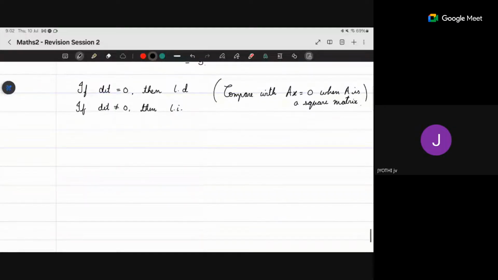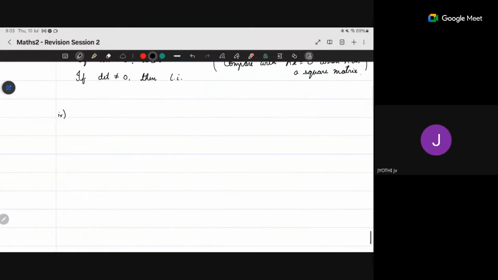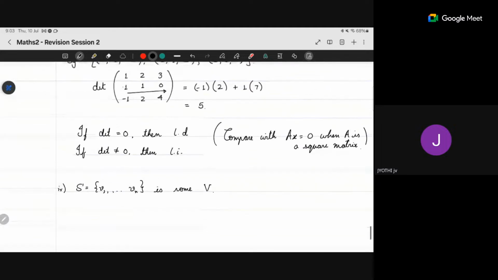Now, all of these are special cases, but the most general case is something similar to Gaussian elimination. If S is, let's say, v1, v2, ..., vn in some vector space V. Now, I am not assuming it is in Rn.